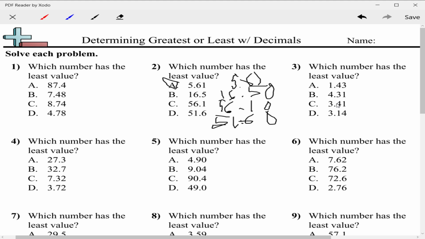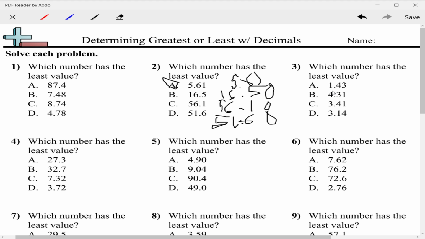So if you were to take the decimals out, it would be a similar value, like 143, 431, 341, or 314. And which one is the biggest? Or the smallest, I mean? Obviously 143, or 1 and 43 hundredths.